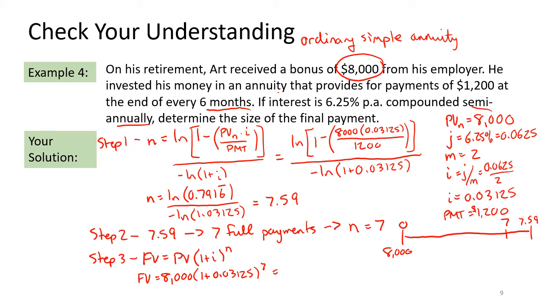And if you calculate that out, you get $9,922.88. So at this point in time, that money would be worth $9,922.88. In other words, that's the future value of this principal.